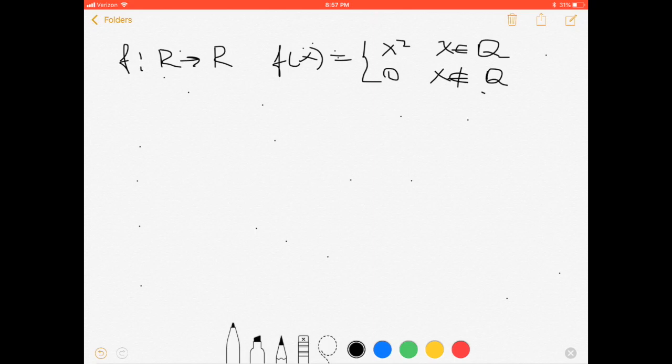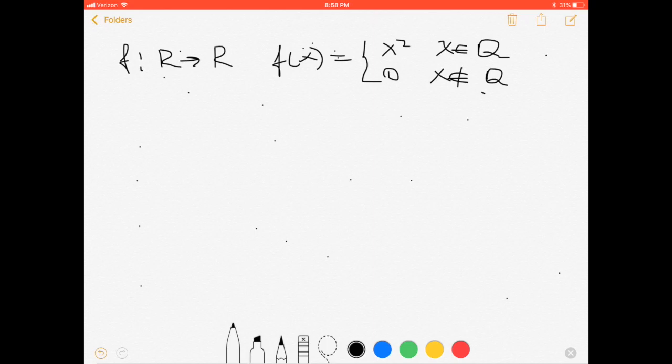Prove, or we need to show, that the derivative of this function at 0 exists. And if we can, we can prove it. Okay, let's go.